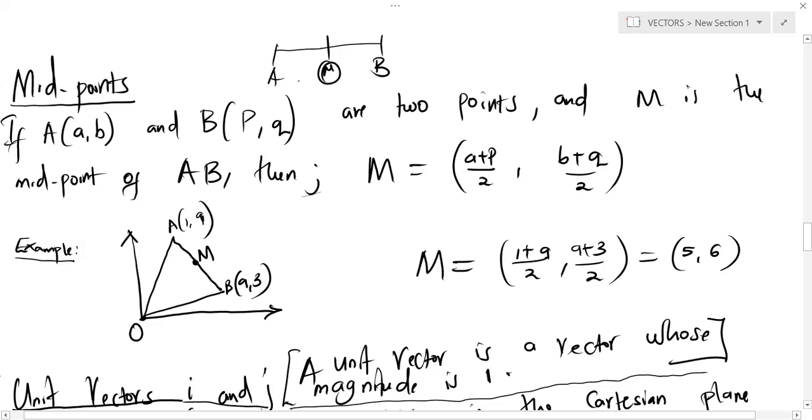The middle point of AB is given by us taking these column vectors: A plus P divided by 2, and then B plus Q divided by 2. So let's say we have our A as (2, 3) and our B as (4, 6).